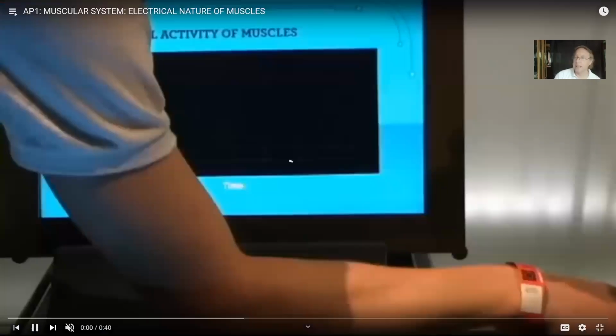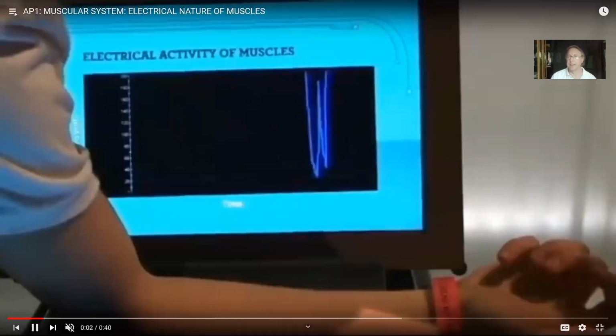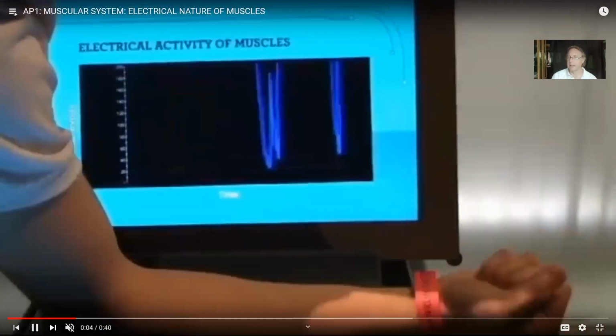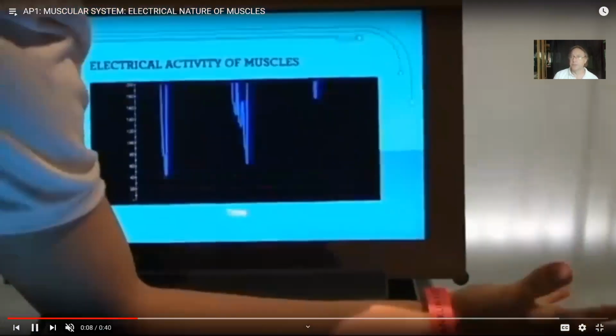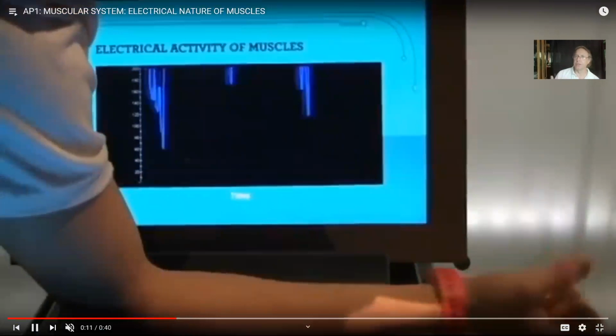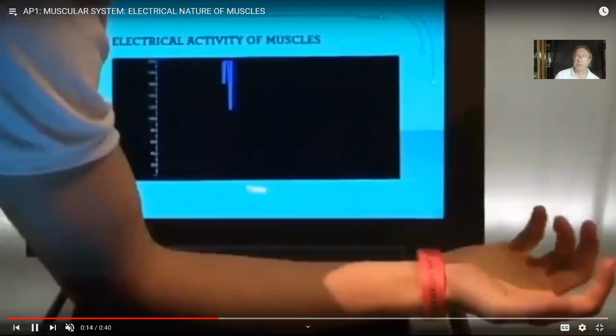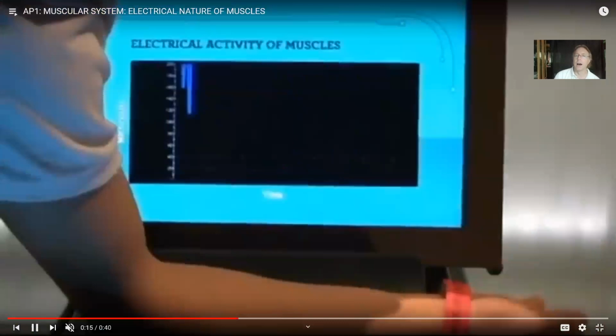So I know it's odd to talk about electricity in the body. I mean, we often think that electricity and the body are two things that don't go together, that I could die. The answer is, well, no. Our thoughts are electrical. The commands for muscle cells to move are electrical.